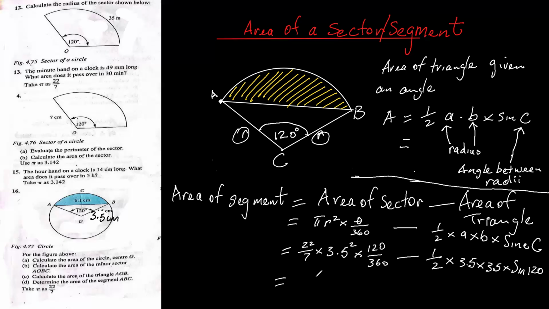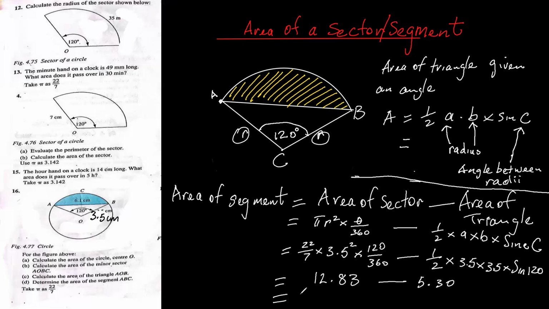So the area of the triangle, write this down, Antonio: 12.83 minus 5.30. So 7.53 centimeters squared.